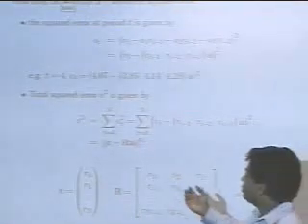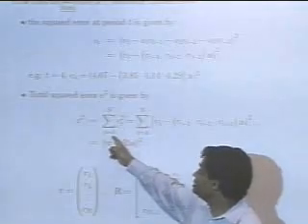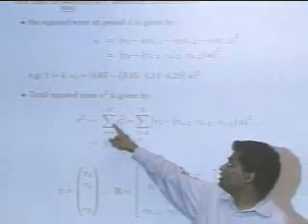Now, here comes the power of using vectors and matrices. The total squared error, I simply take all those errors and add them up. Since the first component that I can predict is t equal to 4, I'm just taking the sum from t equal to 4 to n, whatever is n.